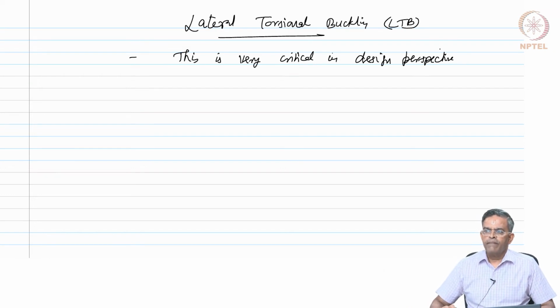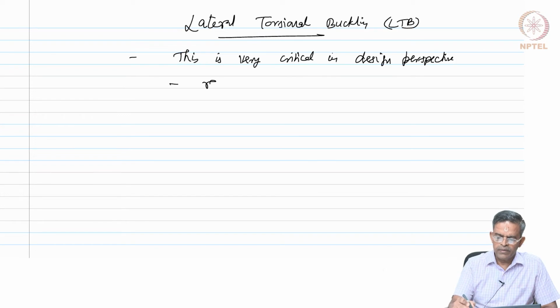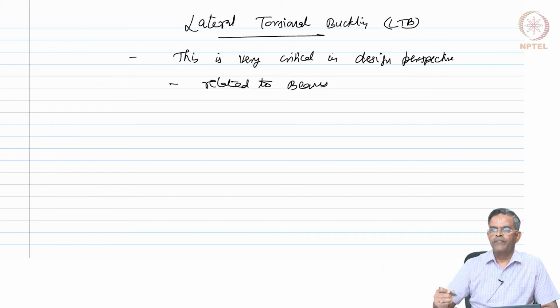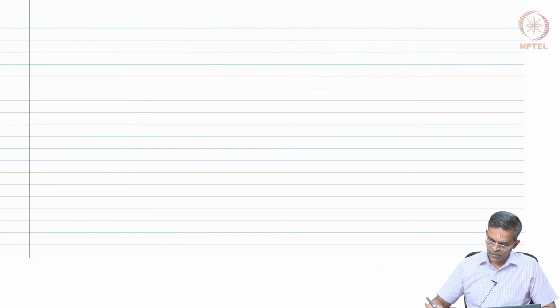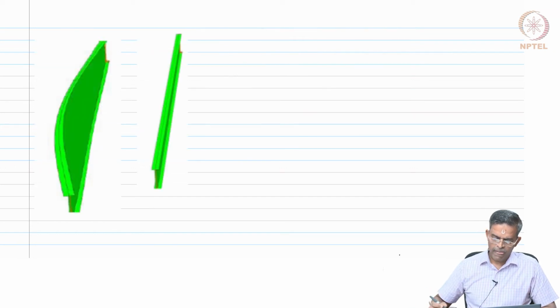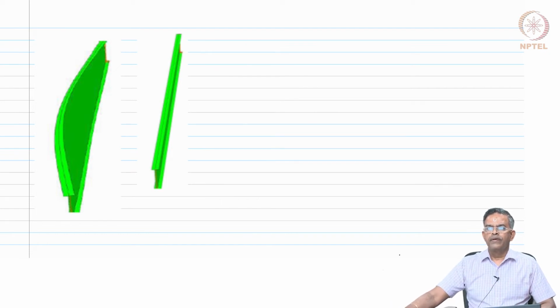Lateral torsional buckling is essentially related to beams. Let us draw a figure to understand the lateral torsional buckling of an I section. So, this figure is a classical example of an I section undergoing lateral torsional buckling.